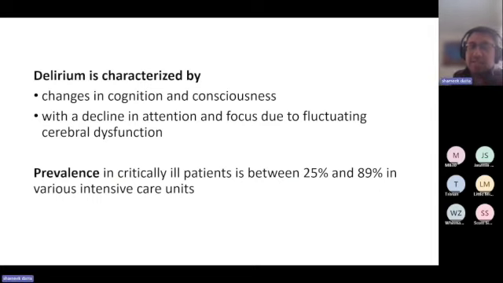Delirium is characterized by changes in cognition and consciousness, with a decline in attention and focus due to fluctuating cerebral dysfunction. It is quite common in the critically ill, with reported prevalence between 25 to almost 90% in various intensive care units.